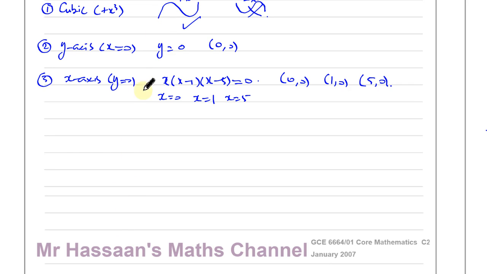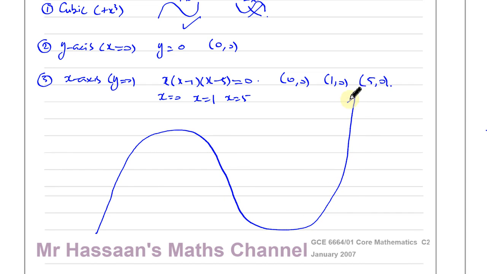I'm just going to draw a cubic curve of this nature. It's going to go up, down, something like that. Not perfect, but not bad. Now I know it crosses the x-axis in three places: the origin, (1, 0), and (5, 0). The distance between the first two points is 1, and between the other two is 4. So my x-axis, if I draw it, should be somewhere up here.